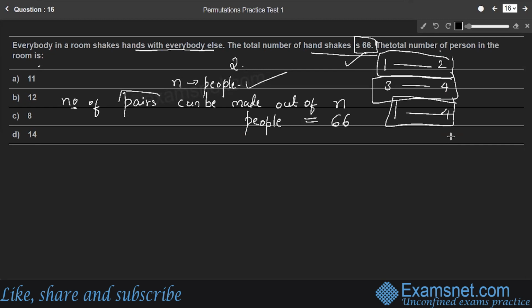Since it is making a pair, the number of handshakes is nothing but making a pair, so two people are required. Therefore, the number of pairs that can be made out of n people is nothing but nC2. We have to choose two people out of n people, which is equal to 66.